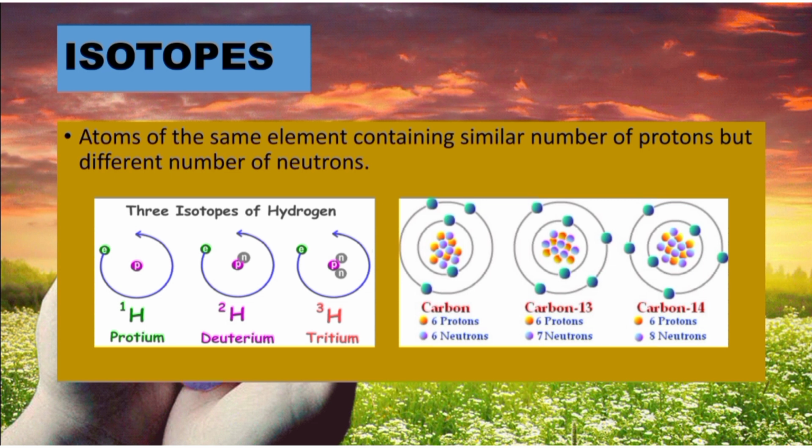So, kapag sinulat yan, ilalagay na lang, for example, carbon-13, carbon-14. Yung number 13 dyan, yan yung mass number. Tapos, yung 14 din sa kabila, yun yung mass number. Okay, so pwedeng C-13, C-14. That is also applicable to all other isotopes.